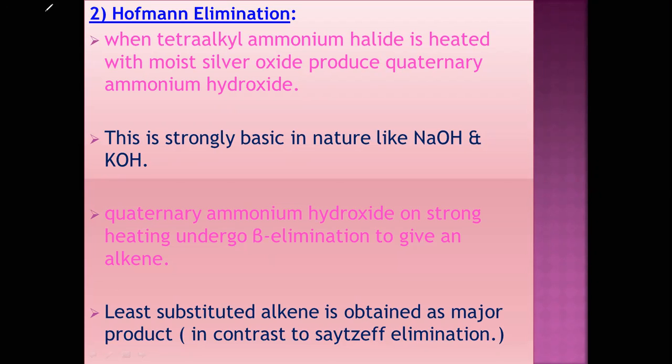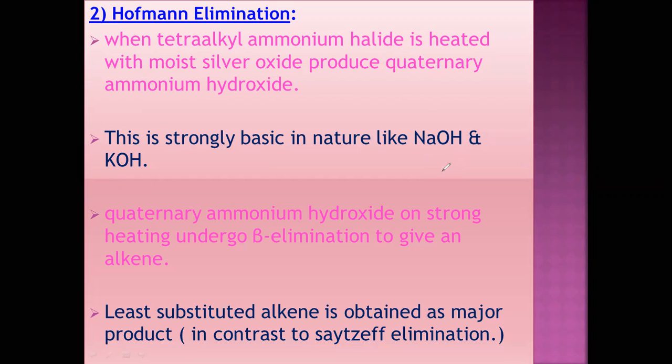Here our starting material is the final product from the previous chemical property, and the previous chemical property is nothing but the exhaustive alkylation reaction. Here our starting material is tetraalkyl ammonium halide.